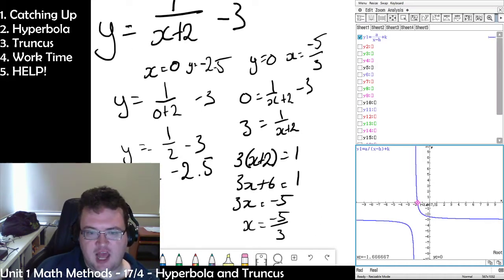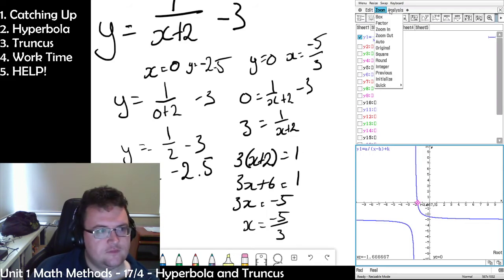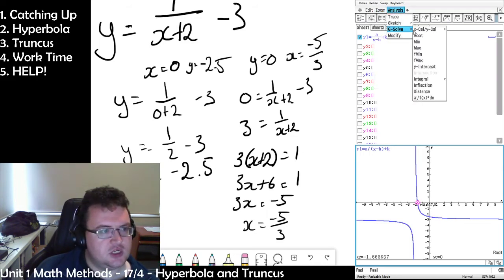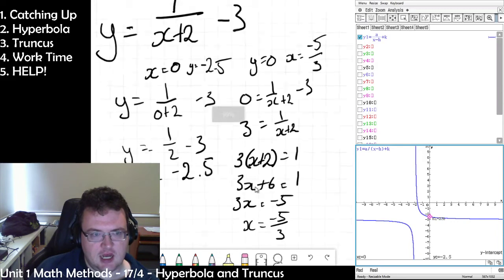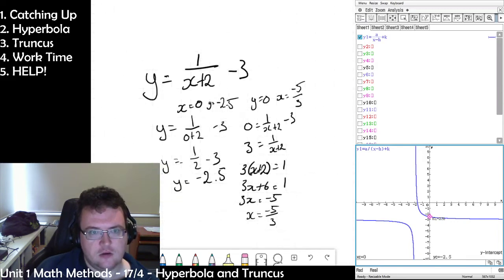And then we have our G-solve y-intercept. That tells us at x equals 0, y equals minus 2.5. So the calculations that I did are correct.